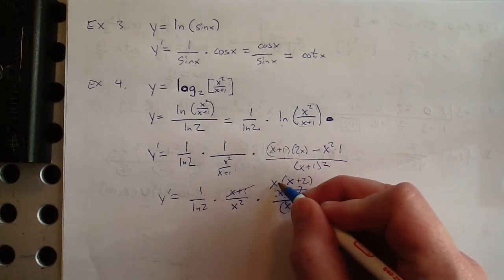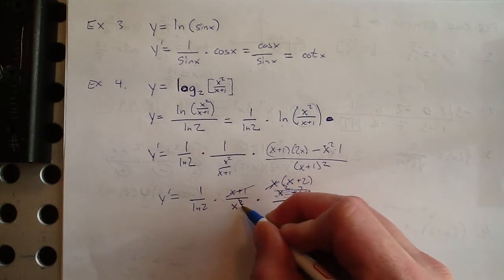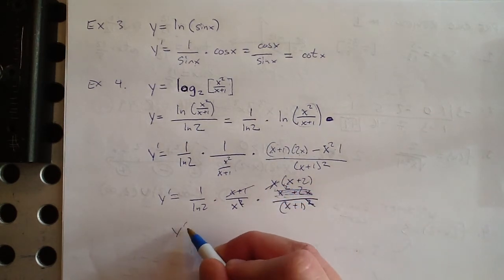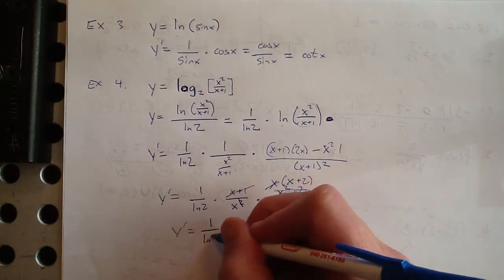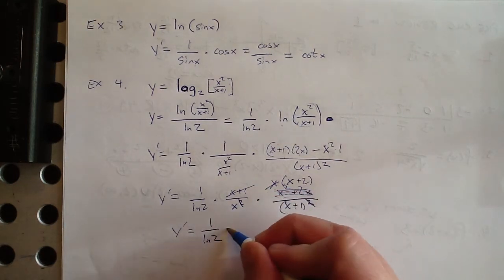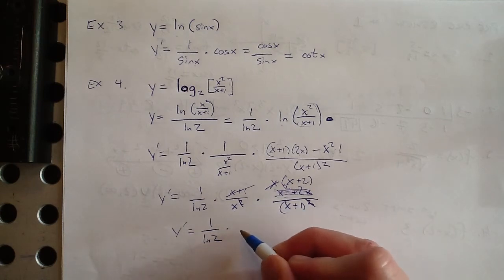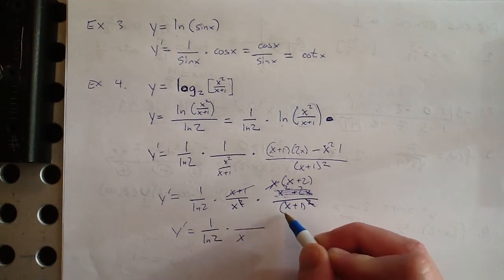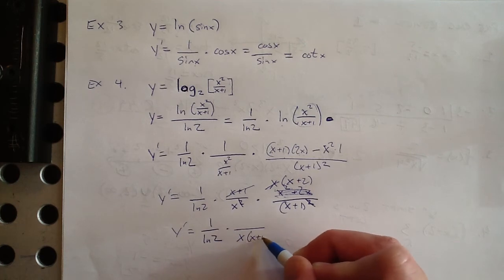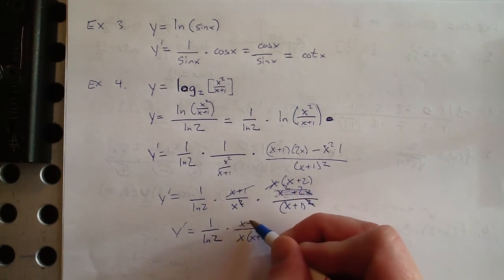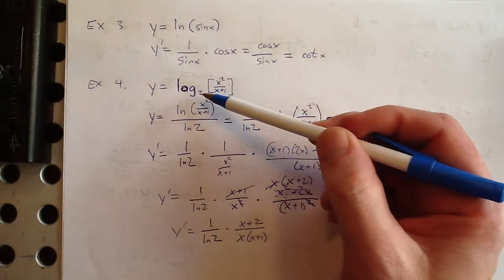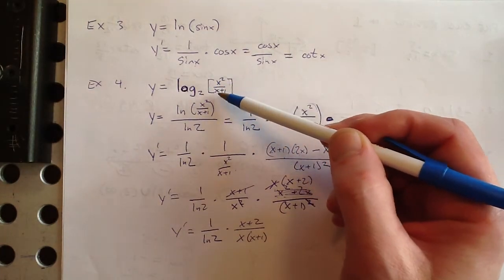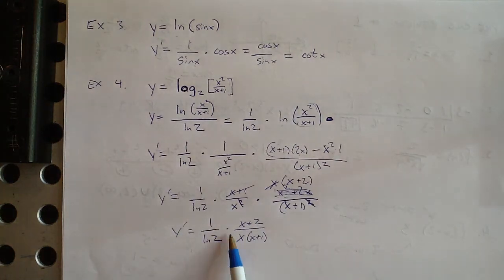So this x could cancel that extra one. So what do we have left? We've got 1 over natural log 2. And then I've got an x on the bottom and an x plus 1 and an x plus 2 on the top. So it turned out the derivative of log base 2 of x squared over x plus 1 is 1 over natural log of 2 times this rational expression here.